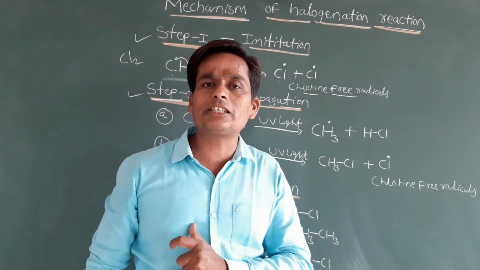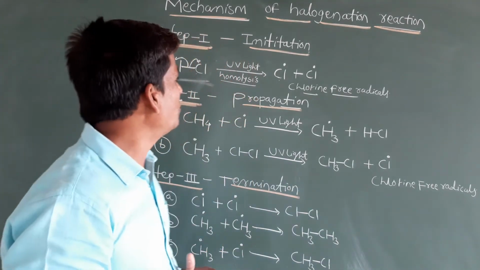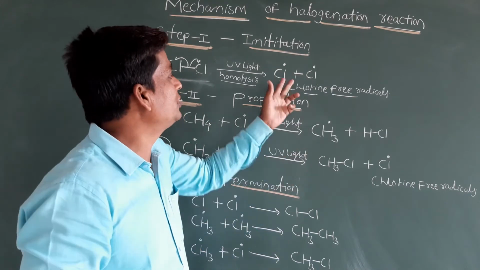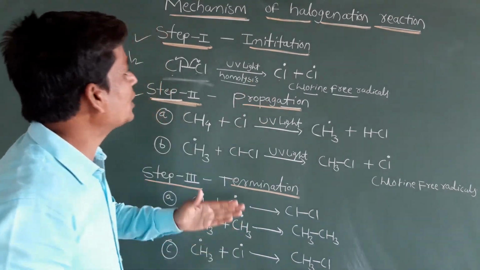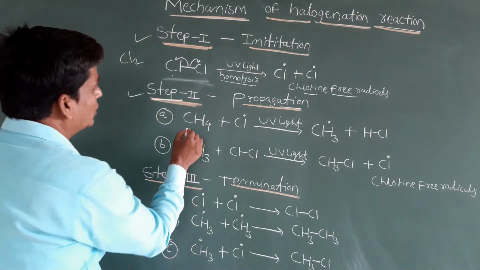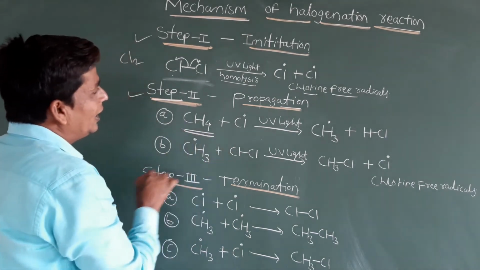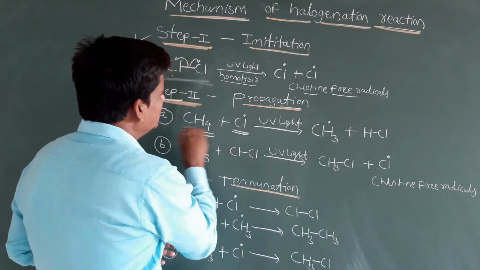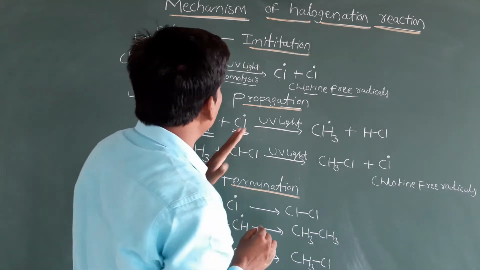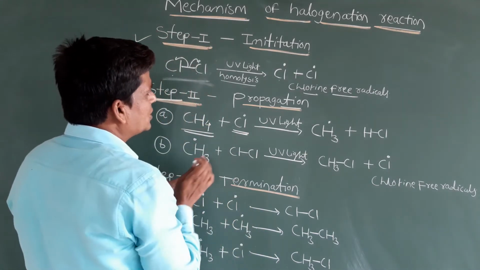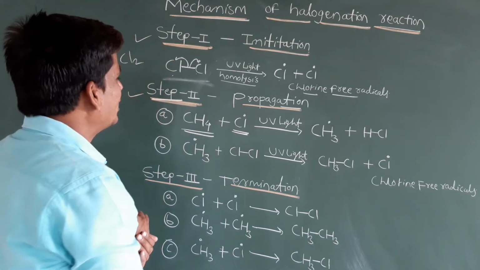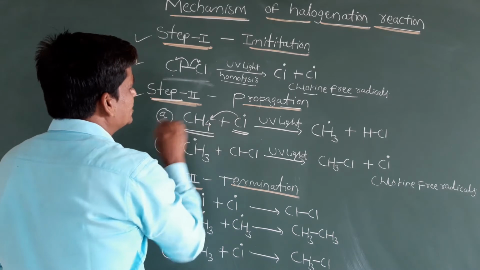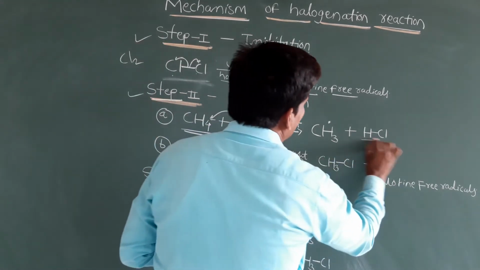In the propagation step, the methane molecule we are using reacts with the chlorine free radical generated in the first step. Here I have taken CH4, and this free radical will react with this methane. In the presence of UV light, what happens students? These free radicals have a single electron, so they can abstract one hydrogen from CH4 and form the HCl bond.